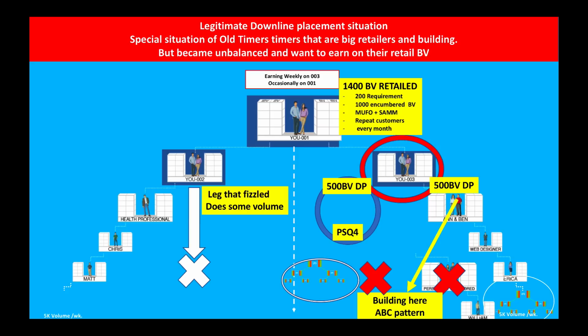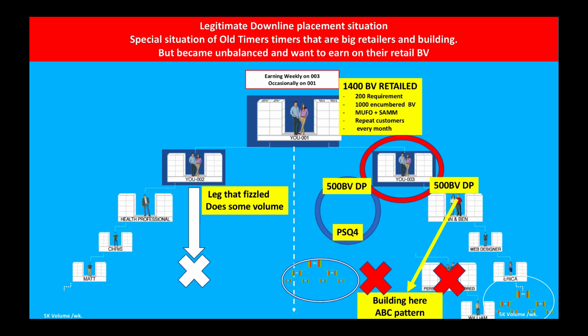But they can't place it in a second spot, and all they want to do is earn the BV value and commissions on the product that they sold because they sell a lot more than the minimum. To me, that's legitimate. So I'm trying to find a way where that volume can be assigned so they have it on the left and the right of their 003 so that they get commission credit in that center.